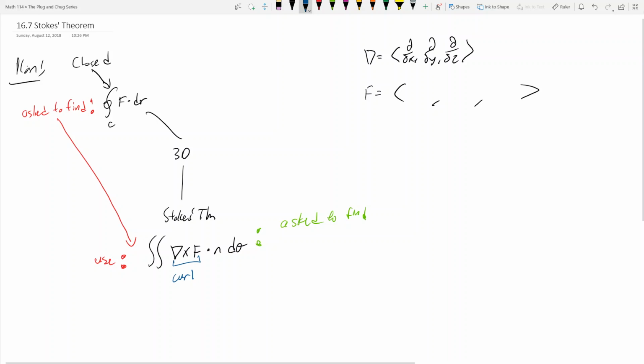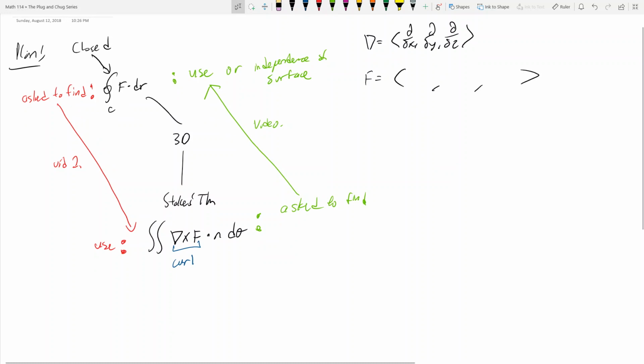So if I'm saying curl f.n, that's what that is. If you're asked to find curl f.n d sigma, then you use the line integral, or there's another way you can do it, independence of surface. But anyhow, these are our 2 videos. So this is going to be the first video in this section, and this over here is going to be video 2. So let's jump into the problem then.